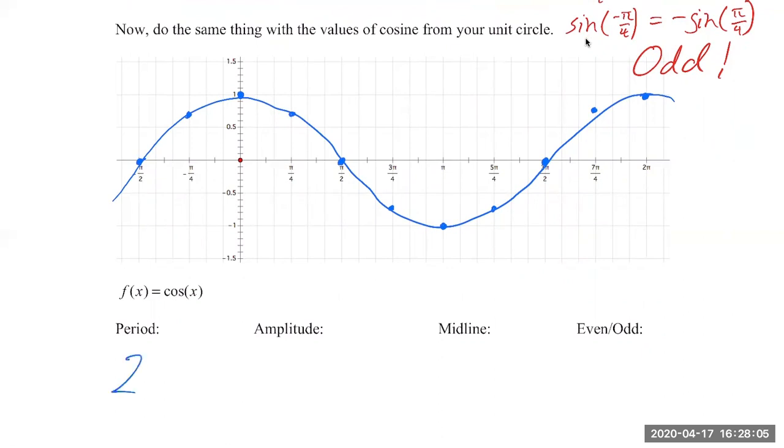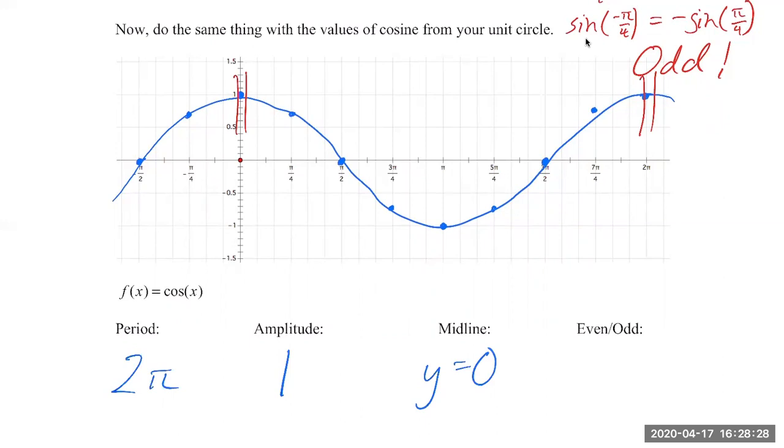The period is once more 2 pi. This time we get a really nice view from peak to peak. The amplitude is 1. The midline once more happens at y equals 0. And the function is going to be even.